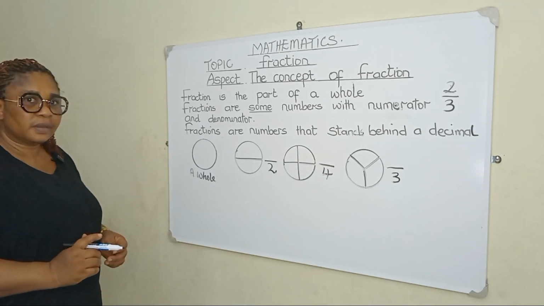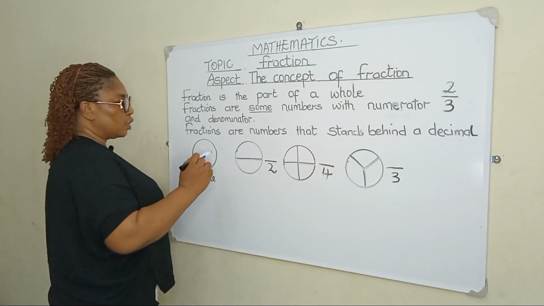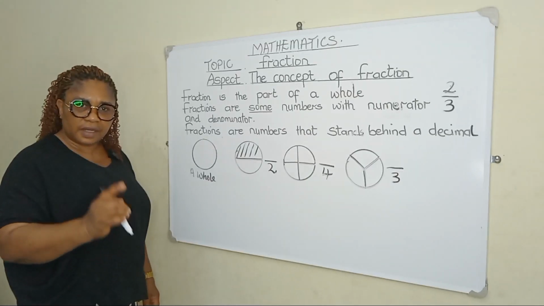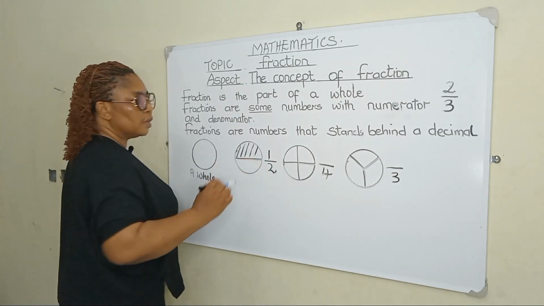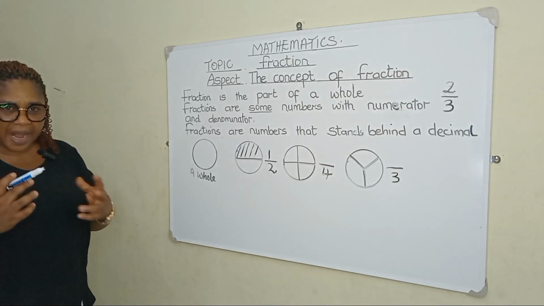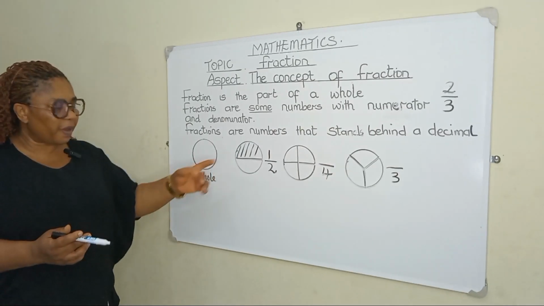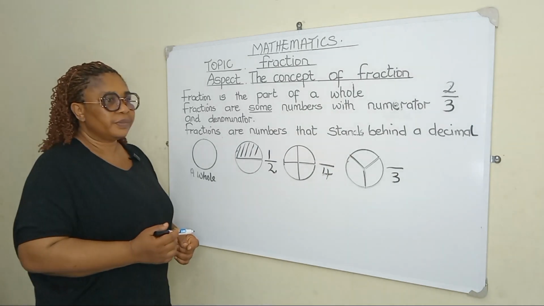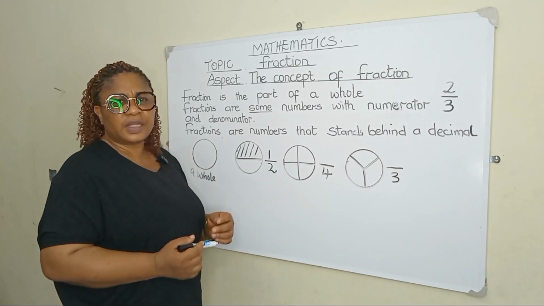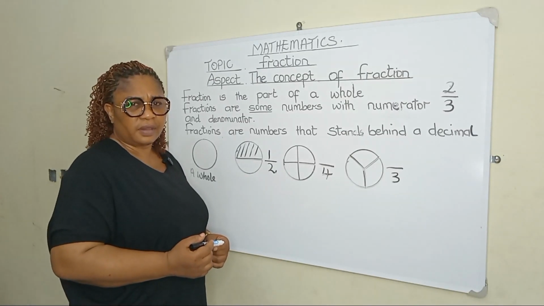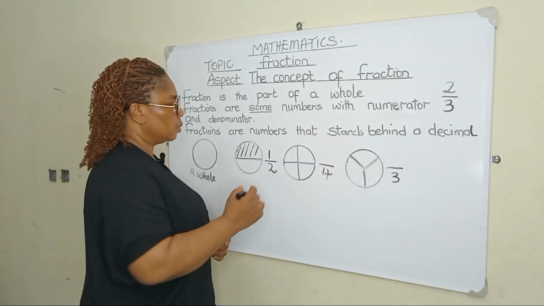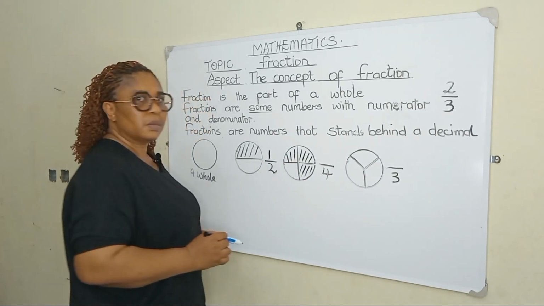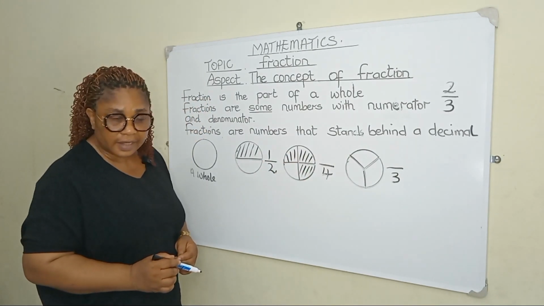But I come here to take 1. How many did I take? 1. And that one is a fraction, part of a whole. It was a part of the two, but I've taken 1. Here, I would like to take 3 from a whole. How many did I take? 3.